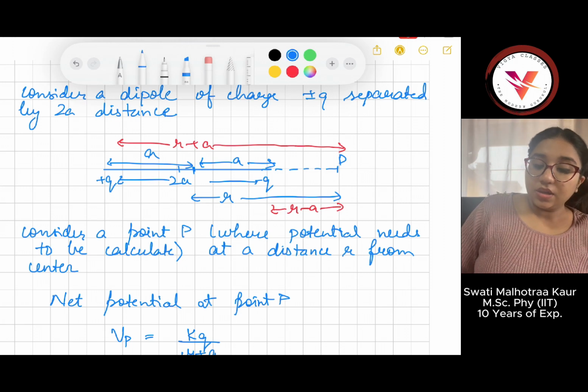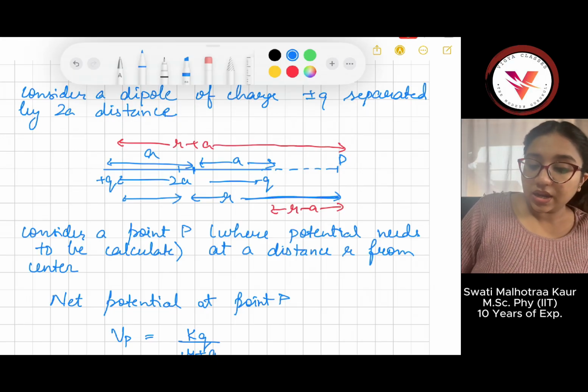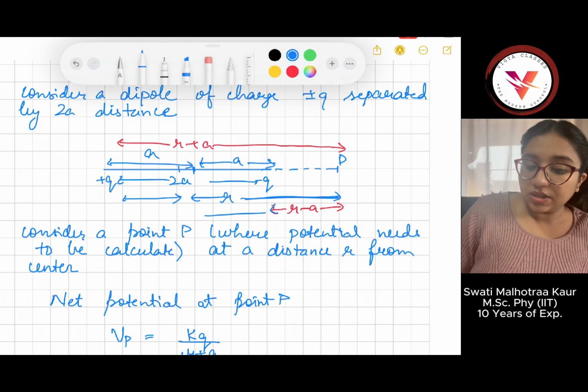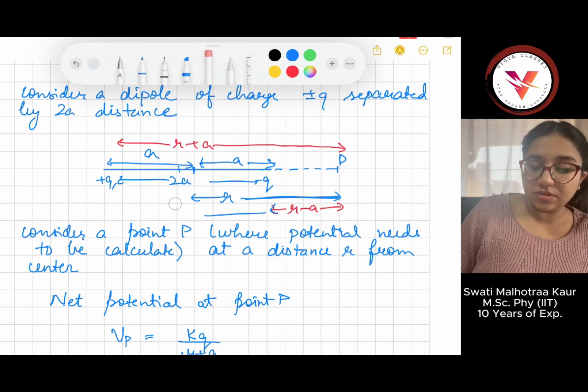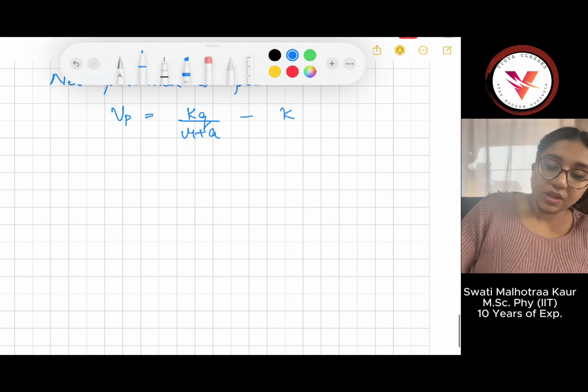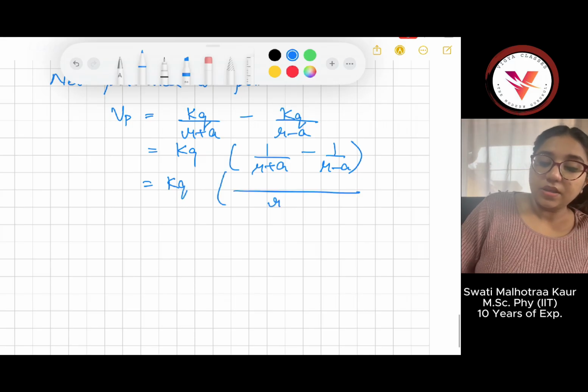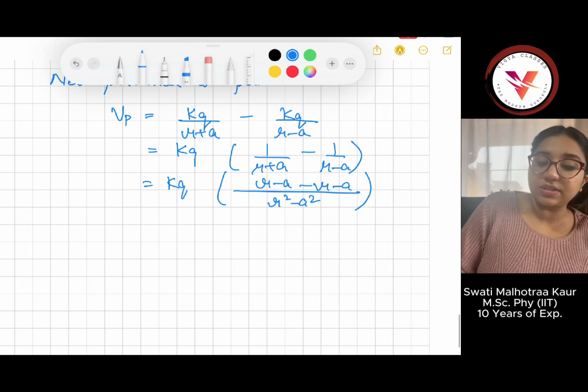Okay, this whole term, this is r, this is a, so this is r plus a, and for the remaining part, this is a, this is r, so you have to subtract it. Simple maths. Next is minus kq upon r minus a. Again take kq out, simply take LCM, solve it, it's very easy. This is r square minus a square, then this is r minus a, this is minus r minus a.